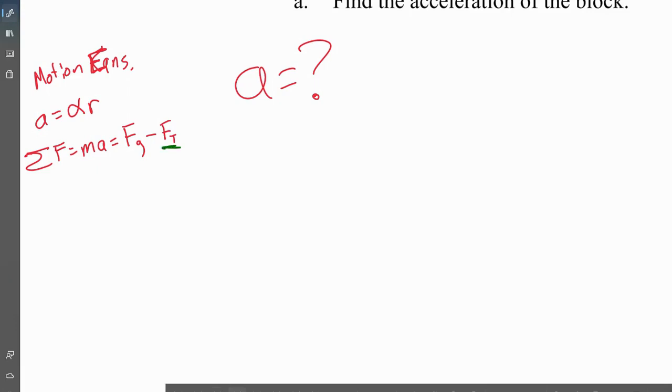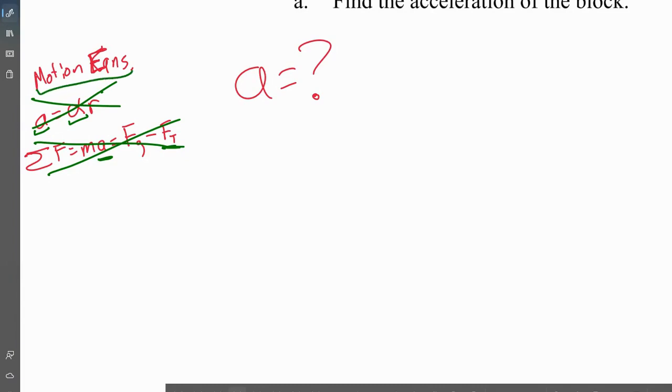Well, we don't know tension and we don't know A, so we can't use this approach. How about A is equal to alpha R? Well, we don't know alpha and we don't know A, so that's going to be really hard too.